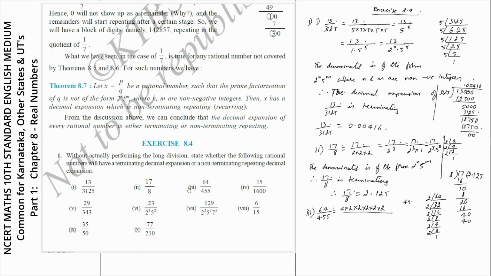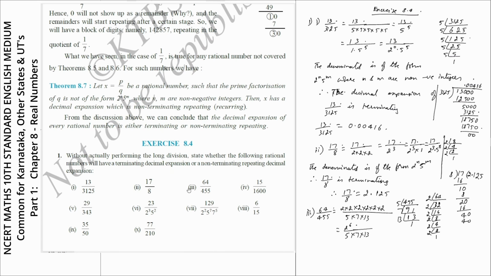455 is, it is said divisible by 5. 5 9s are 45, 5 1s are 5. Then 7 1s are 7, 7 3s are 21. 13 is a prime number, 13 1s are 13. So here 5 into 7 into 13. So here 2 power of 6 by 5 power of 1 into 7 power of 1 into 13 power of 1.